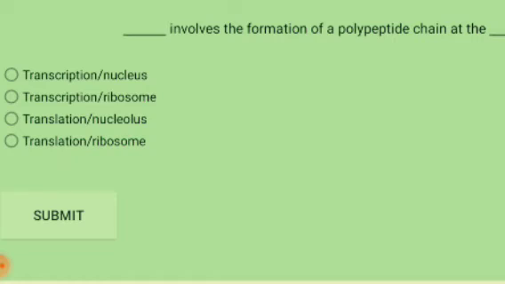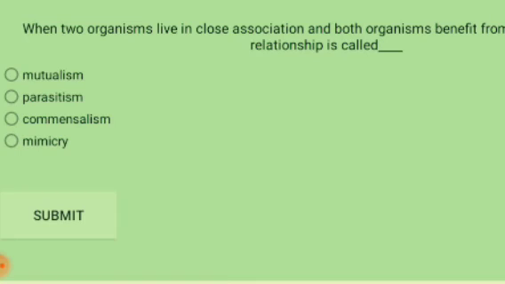Dash involves the formation of a polypeptide chain at the option A transcription nucleus, option B transcription ribosomes, option C translation nucleus, option D translation ribosomes, and option D is true. When two organisms live in close association and both benefit from that association, the relationship is called option A mutualism, option B parasitism, option C commensalism, option D mimicry.